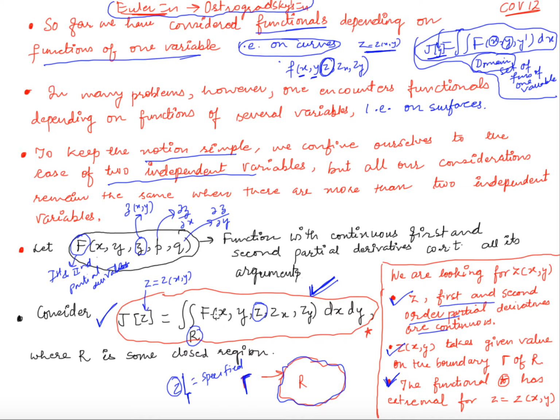So we are looking for the extreme value of this functional such that z is specified on the boundary of the domain R. This is basically a fixed boundary problem. So these two conditions are the required conditions for our admissible set.